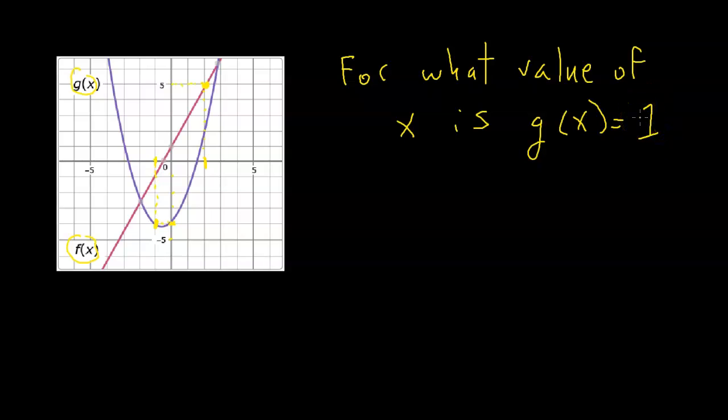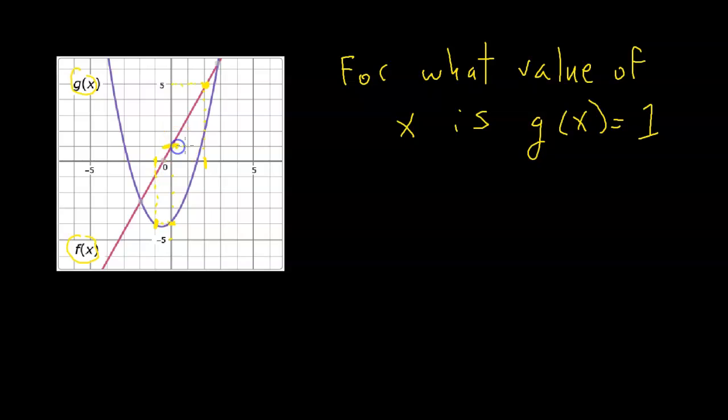So for what value of x is g of x equal to +1? That means what value of x produces the output +1 for the function g, right? Remember, the outputs are listed on the y-axis. So let's find the value of 1 on the y-axis. Right here is the value of 1.